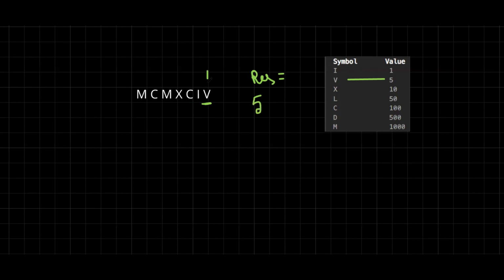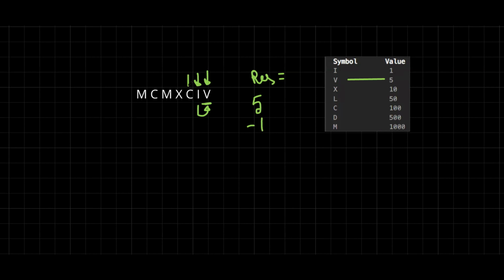Now the iteration of this element V is over. Now for the next element I, we have to check whether the value of I is less than the value of V or not. Here we can see that the value of I is less than the value of V, which is 1 is less than 5. So we have to apply -1 or subtract it.